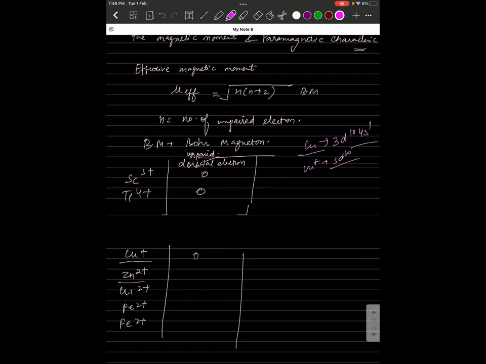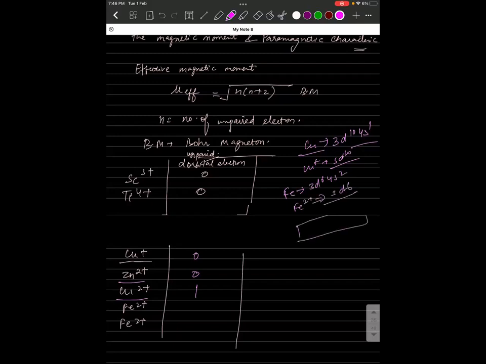For Zn2+, again 0. Copper 2 positive will be having 1, right? Yes. Fe2+: 0? No, wait. Fe is 3d6 4s2. Fe2+ will be 3d6.